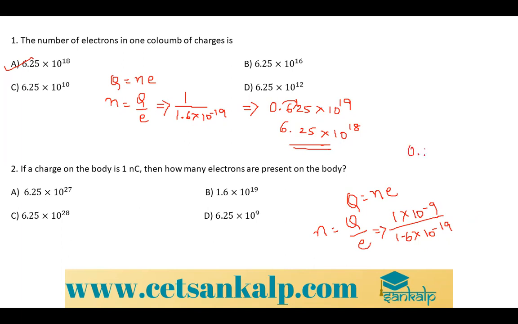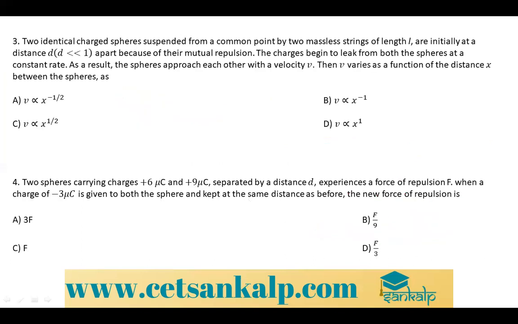So 0.625 into 10 to the power 10. So 6.25 into 10 to the power 9. So option D. Okay, next.